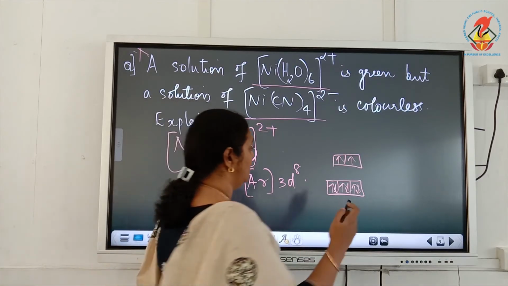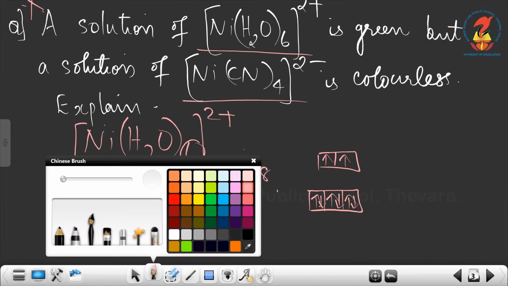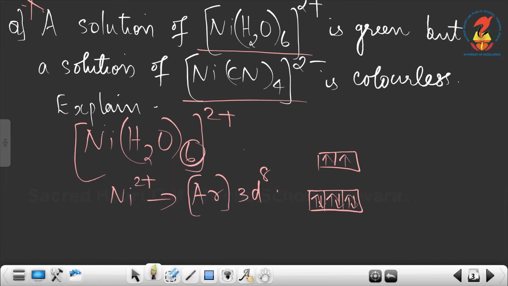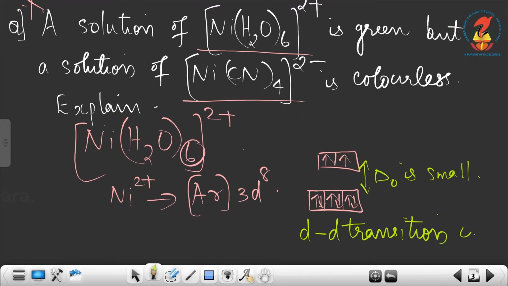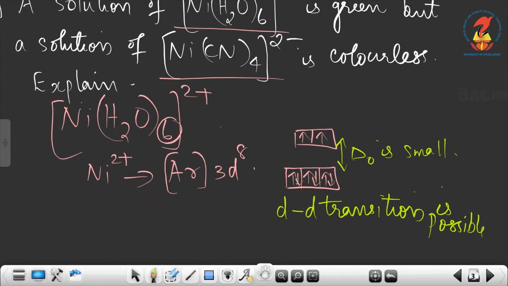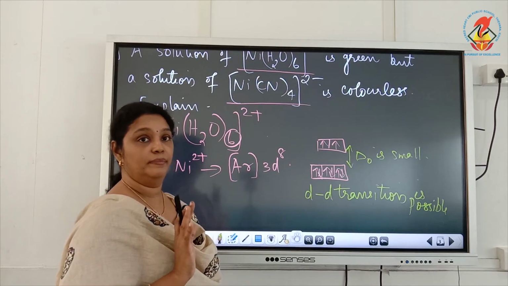Here you can see this crystal field splitting, that is delta O, is small. So what will happen? d-d transition is possible. So this compound is colored. What is the color? Green color.